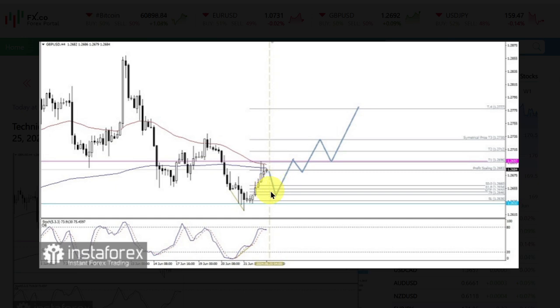But as long as it does not break below the level of 1.2632, GBPUSD has the potential to continue strengthening up to the level of 1.2730 as the main target, and if the momentum and volatility are supportive, then 1.2777 will be the next target to be achieved in the near future.